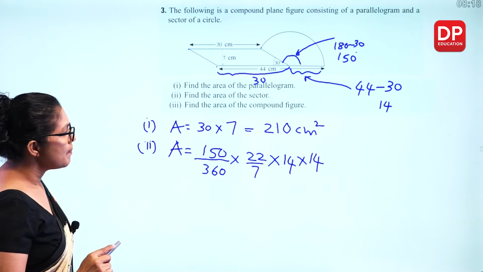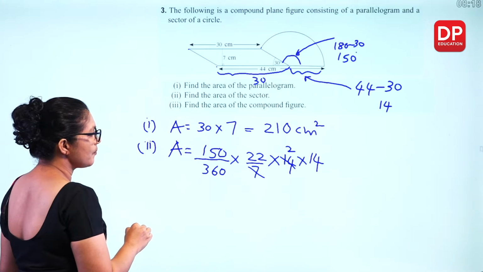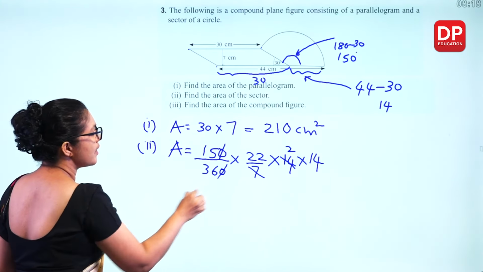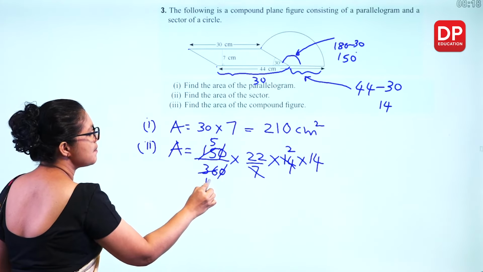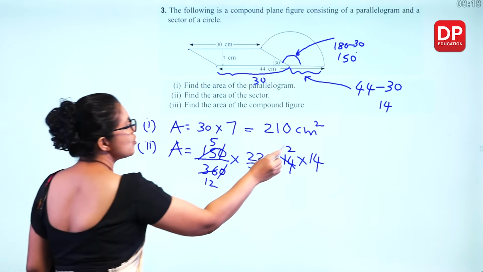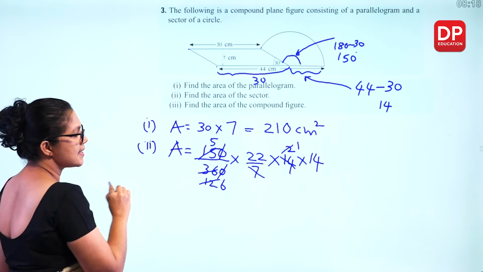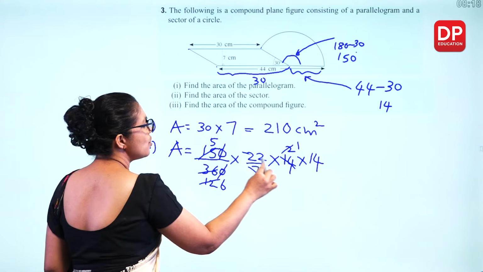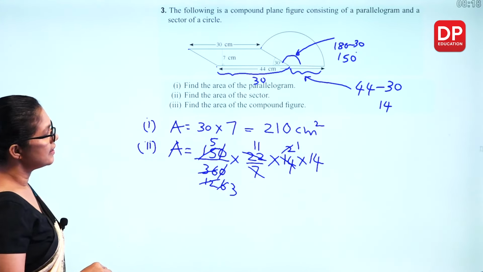Now try to simplify this. 7 with this you get 2. And this 0 gets cancelled out. 3 times 5, 3 times 12. And 2 times 1, 2 times 6. Again divide by 2, 11 and 3.